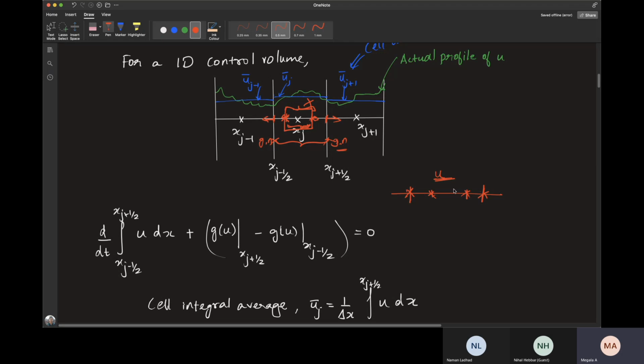But will you be able to say that the rate of change of some quantity U in this smaller region is also equal to the fluxes G going through these small interfaces? I mean, that we don't know.